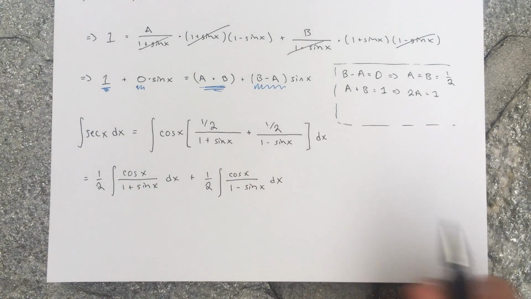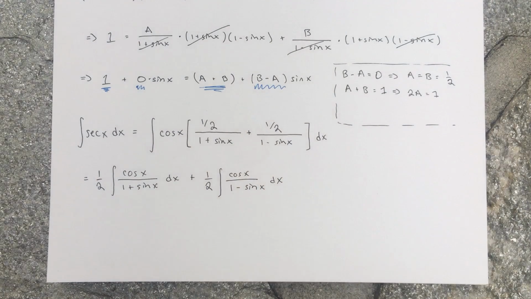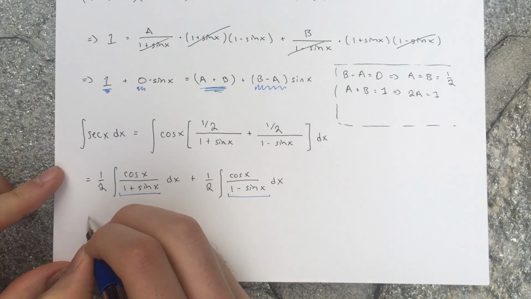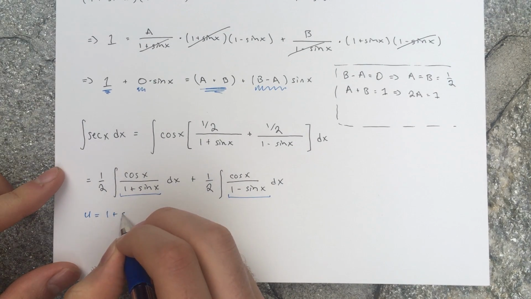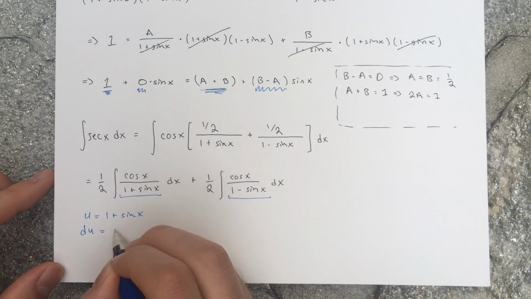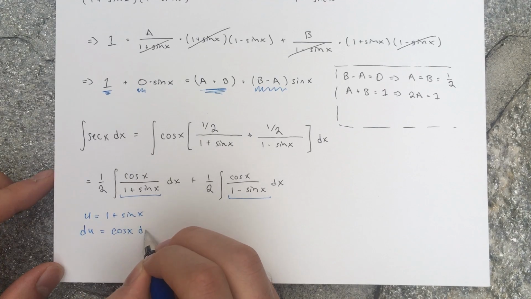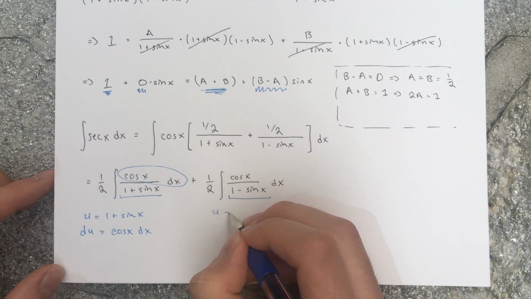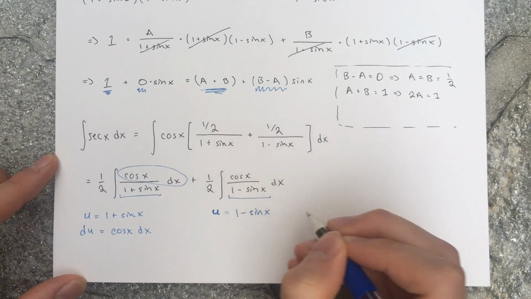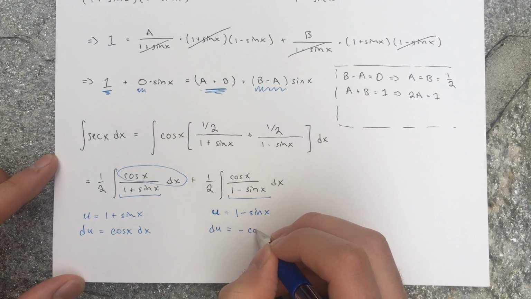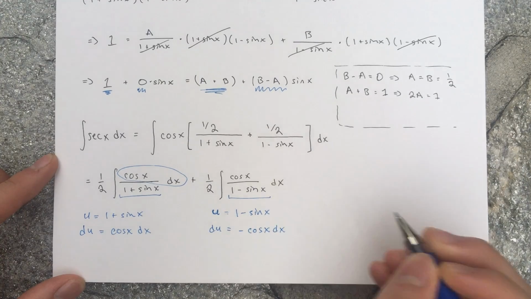Okay, and now we can do a u substitution for both of these. So here I'm going to set this equal to u, and here I'm going to set this equal to u. So we'll get u is equal to 1 plus sine x, and from that du is equal to cosine x dx. And we find that right here. Here we'll have u equals 1 minus sine x, and then du is equal to minus cosine x dx.